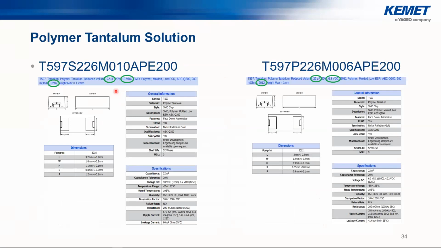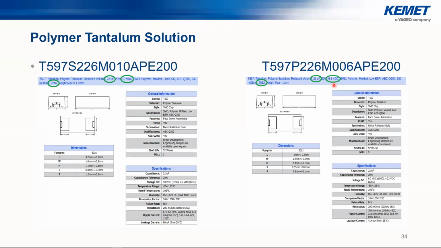And this is available in the same case size. Either you can take this 3216 case size, 10 volt, 22 microfarad, or you can move to a smaller item, which is an 0805. This 0805 P case is only 6.3 volt, which is still enough for your 5 volt application, but it's much smaller.